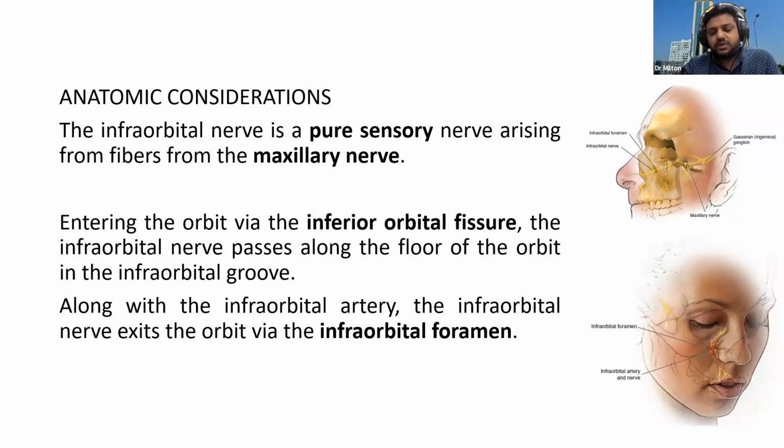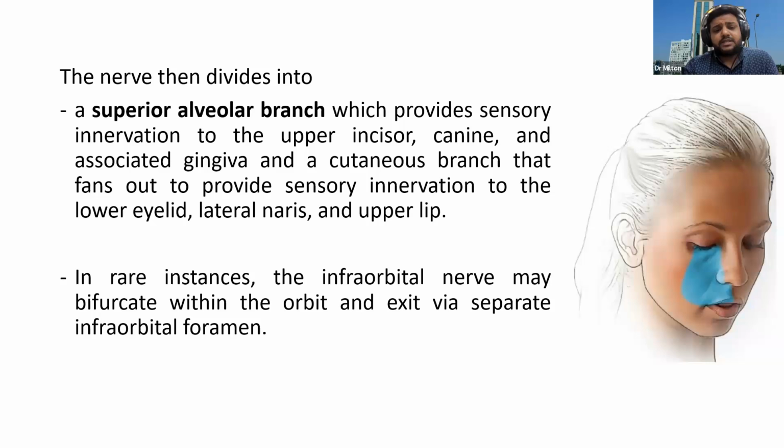Here also there is a bony bridge, and there is an artery and a nerve. So we are guided by the artery when we use the Doppler. After that, it divides into some divisions.